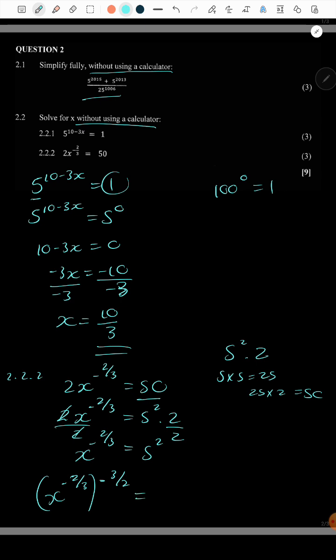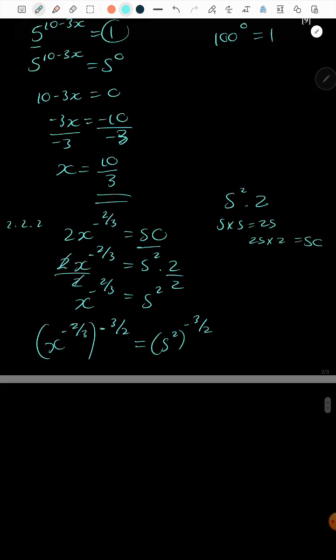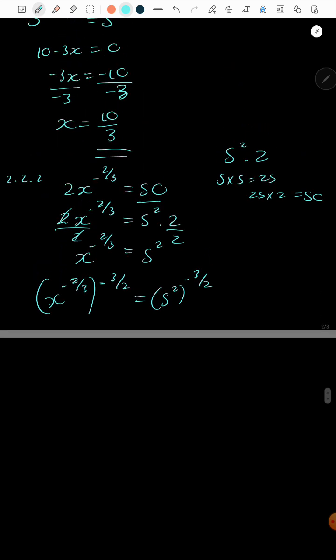If we introduce the reciprocal on the left hand side, we must also do it on the right hand side, meaning that here we're going to have 5 to the power 2 all raised to the power negative 3 over 2. And now we can write this in a simplified form, saying that we have x to the power negative 2 over 3 multiplied by negative 3 over 2, which is equal to 5 to the power 2 multiplied by negative 3 over 2.